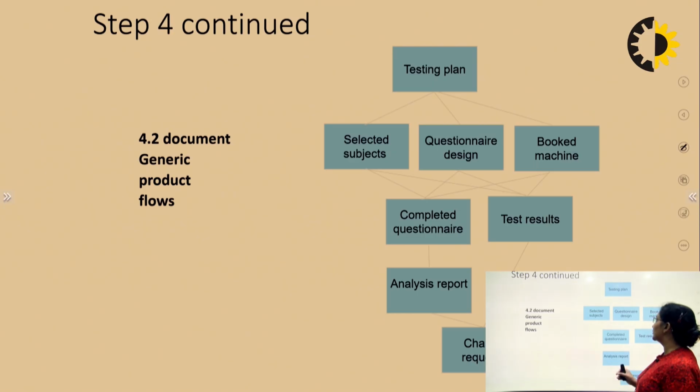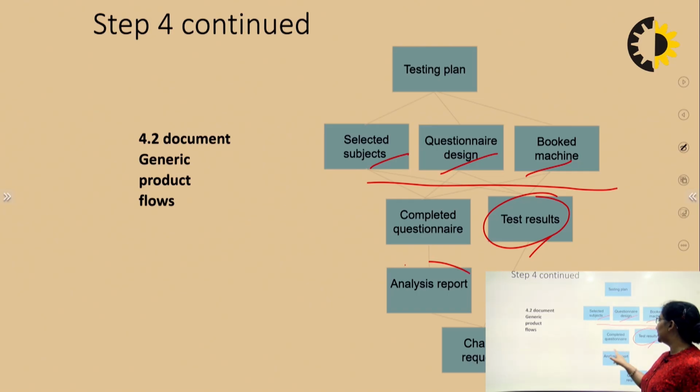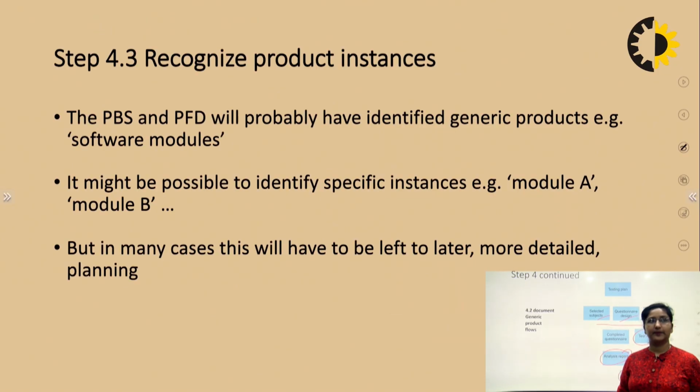Testing plan, again the same thing: selecting subjects, questionnaire, booked machine. Then the completed questionnaire will have subjects, questionnaire and the booked machine, and we are testing the results for all these 3 things. Then the report will be analyzed and the change request will be made.